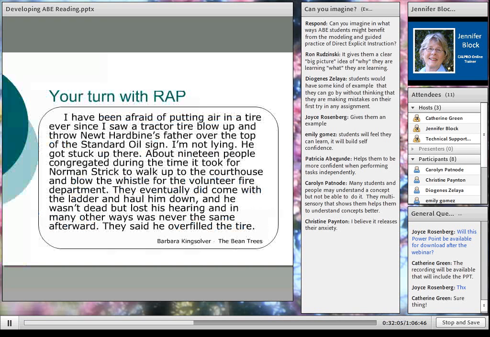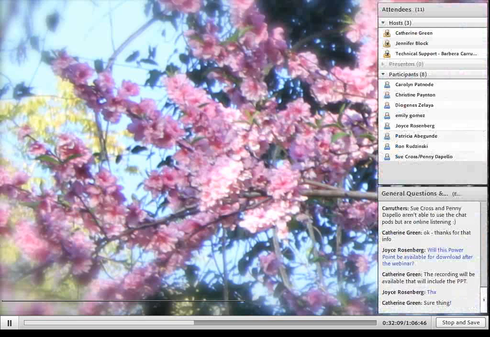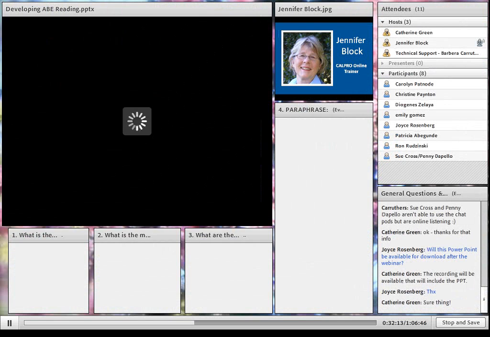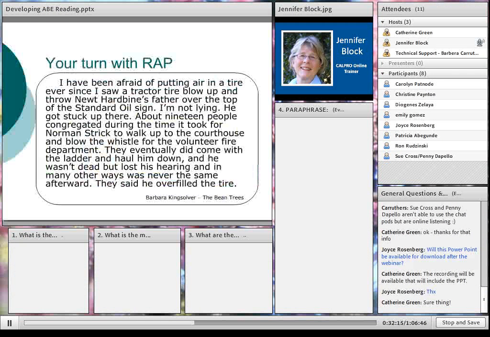Okay, I believe we're on to the next layout where I'd like to give you a little chance to practice the WRAP strategy with this paragraph, which comes from Barbara Kingsolver's novel, The Bean Trees.